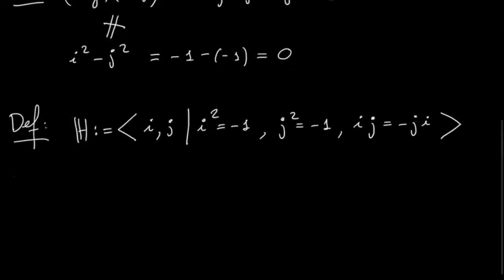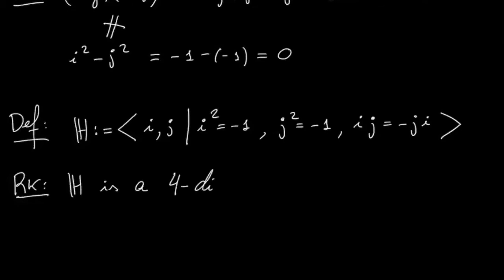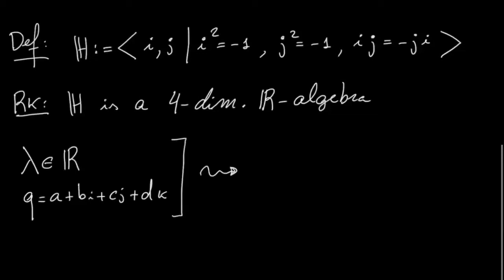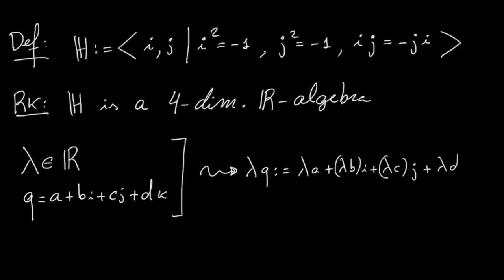A remark about the quaternions is that they form a four-dimensional R algebra, in the sense that if we have a scalar and a quaternion of the following form, then we can consider the new quaternion defined as follows, where we have lambda a, lambda b, lambda c, and lambda d.